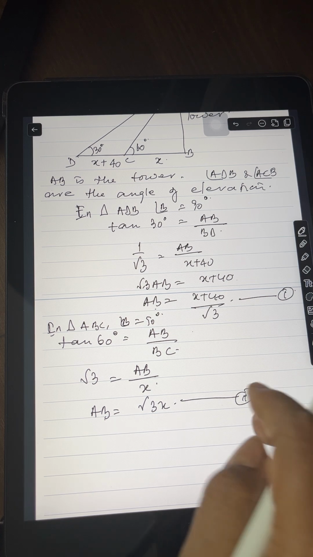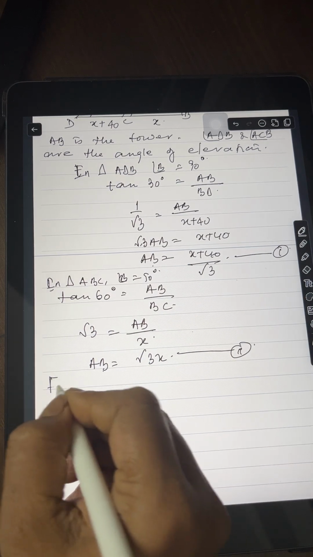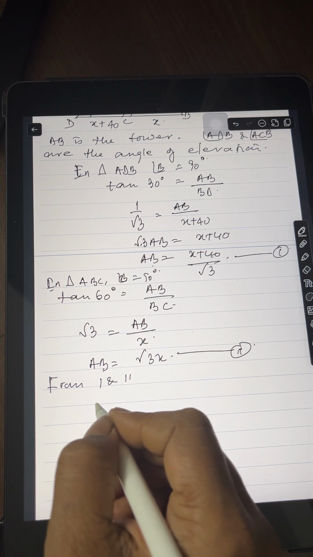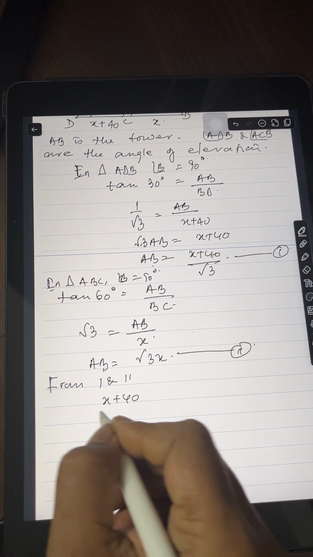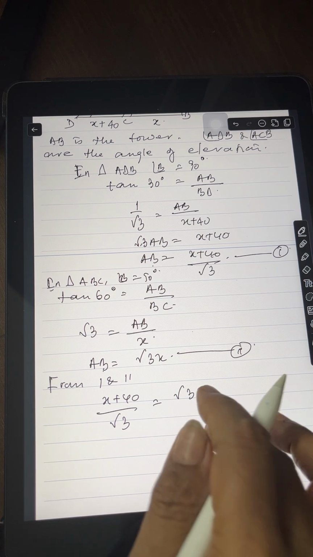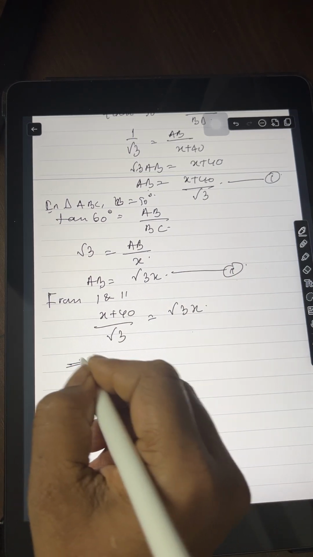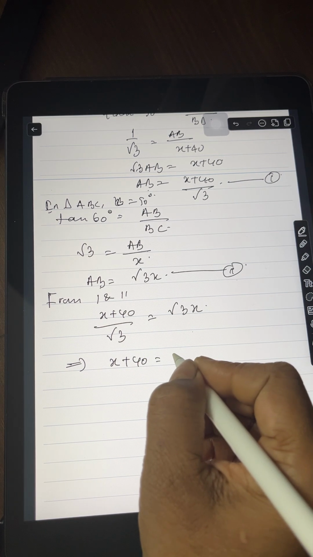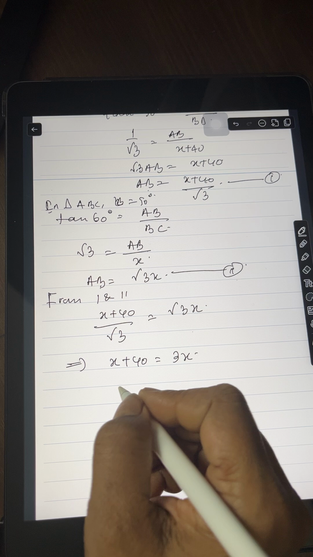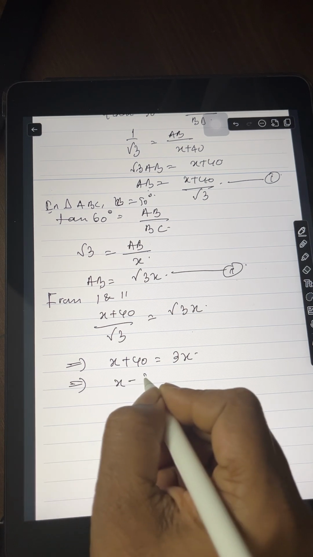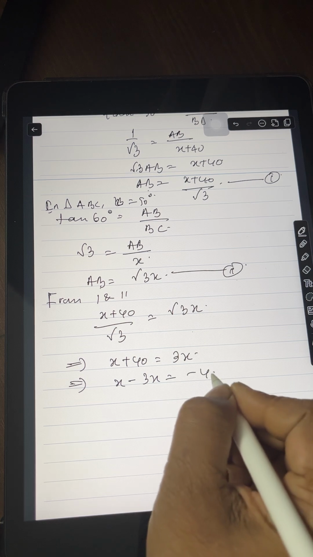Take this as 2. From 1 and 2, x plus 40 by root 3 is equal to root 3x. So this becomes x plus 40 is equal to 3x. Now x minus 3x is equal to minus 40.